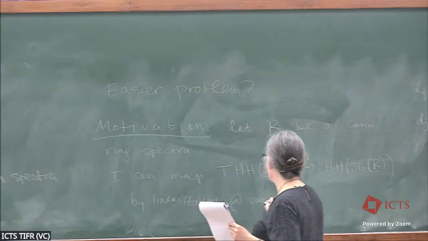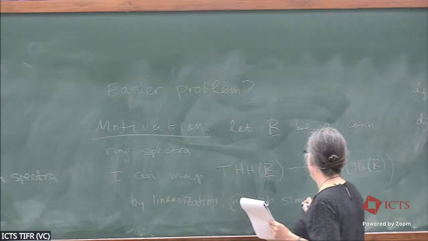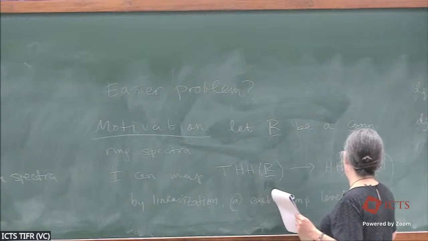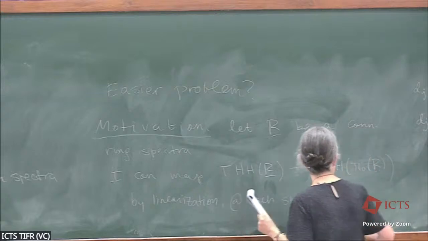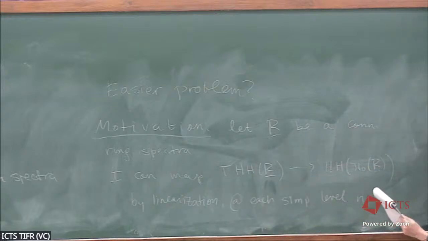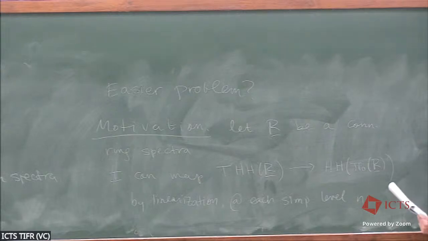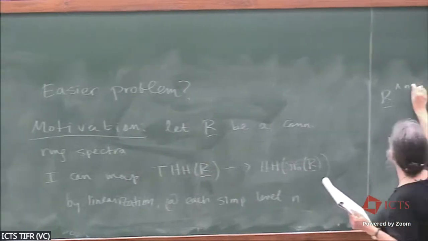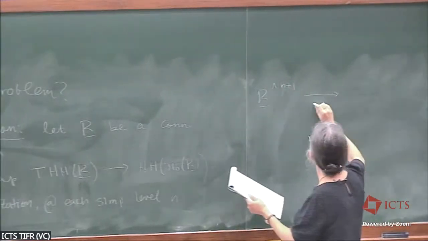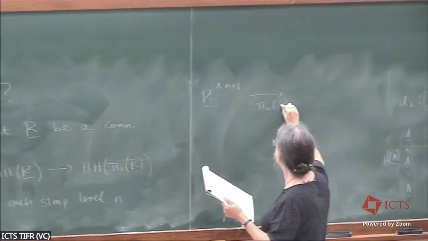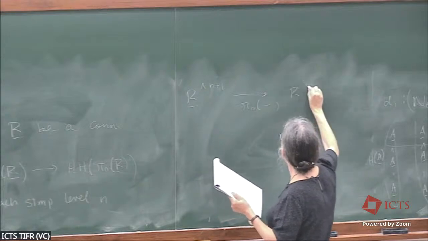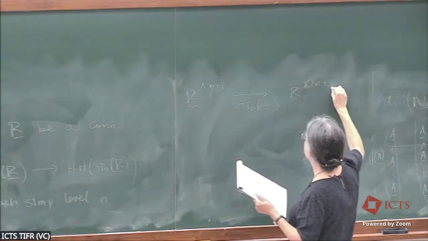At each simplicial level n, I'm going to map R smash n plus 1 because it's connective. If I apply pi 0, I'm going to get R tensor n plus 1.